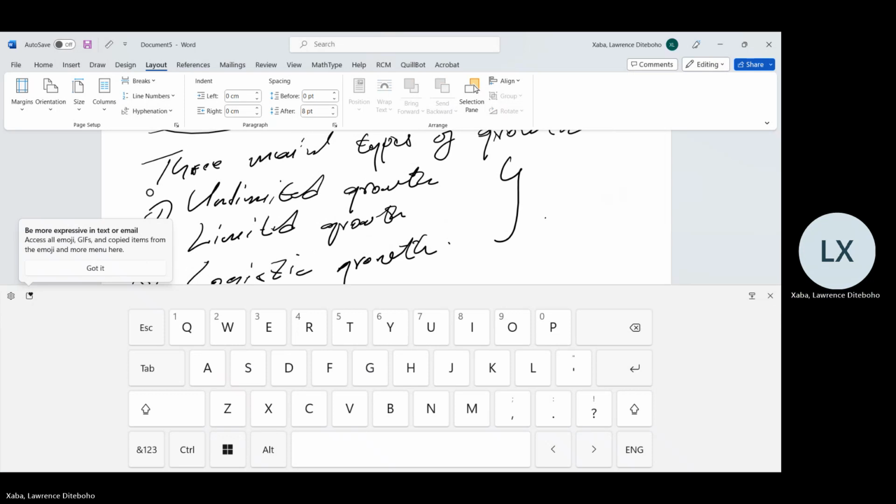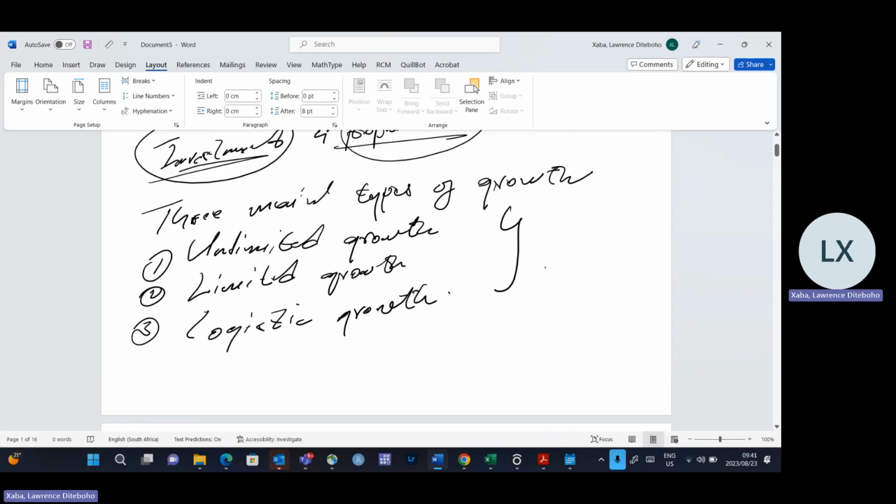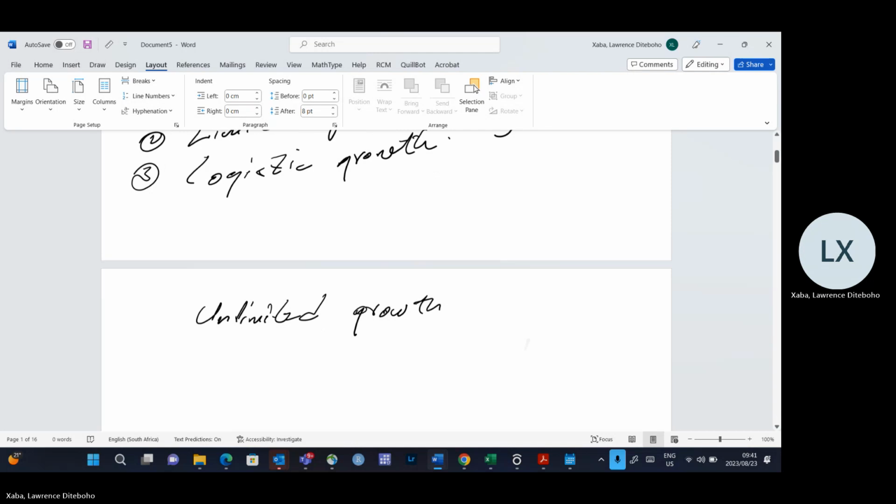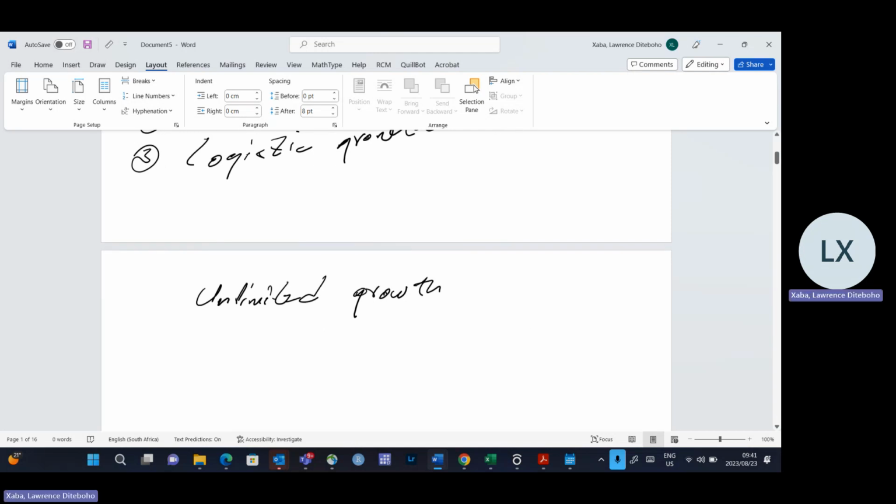where we are interested to study the unlimited growth. We can use unlimited growth in case whereby we want to study population.